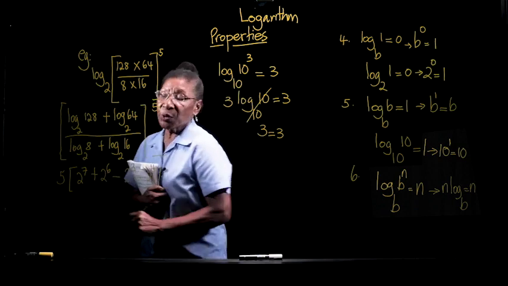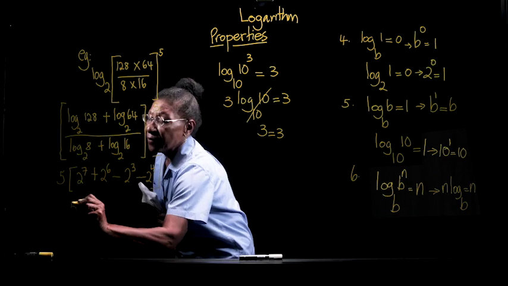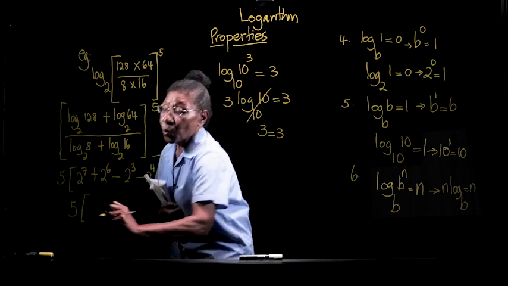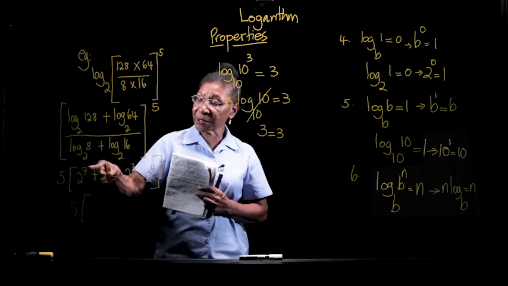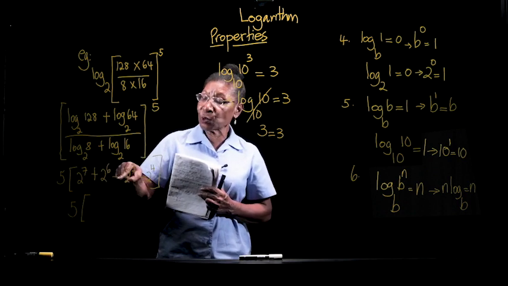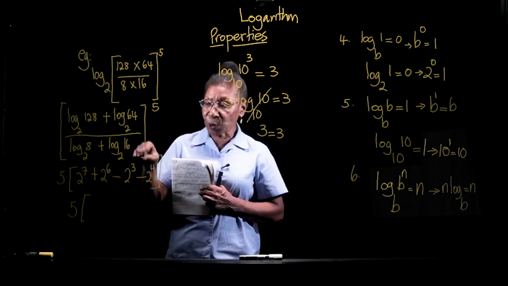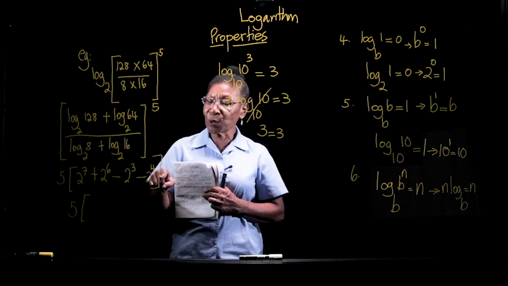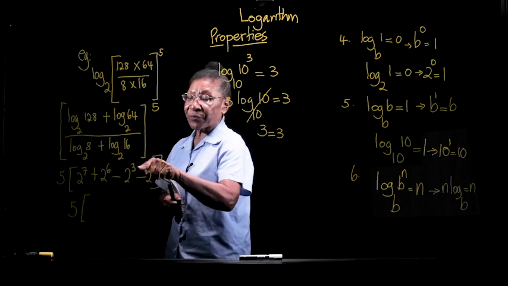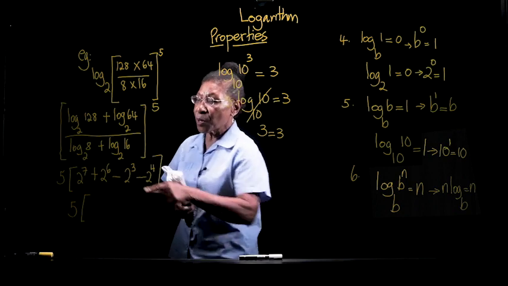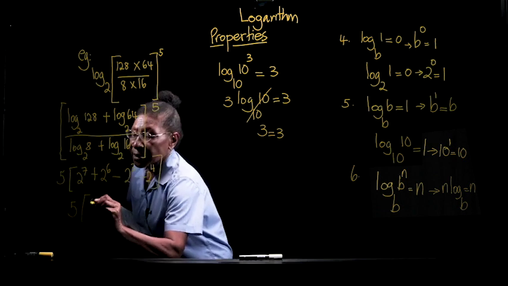Now, note you have the 5. It means that the 5 will be multiplied by the result of 2 to the power of 7 plus 2 to the power of 6, minus 2 to the power of 3, minus 2 to the power of 4, and the answer would be 7 plus 6 minus 3 minus 4, which leaves you with 6.